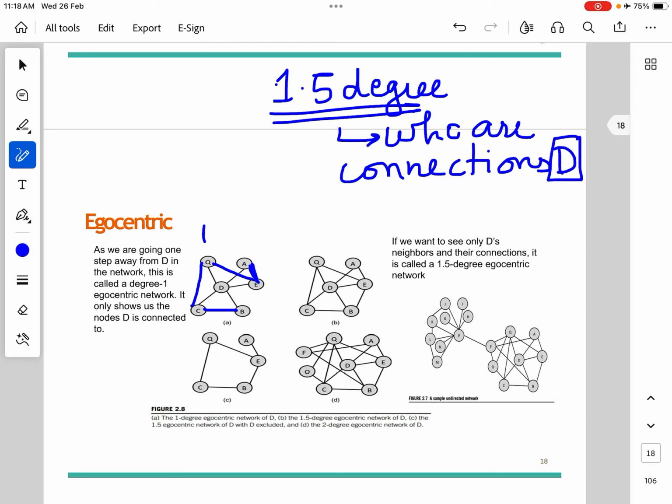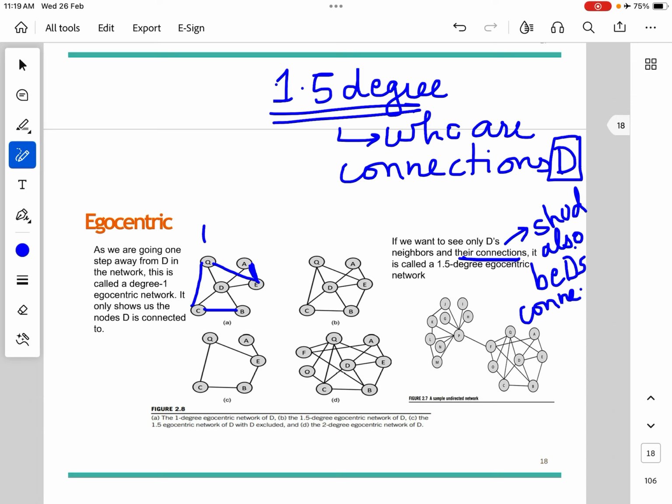We are only going to consider connections of D, and in turn we are considering their connections. But their connections should not be apart from D, and their connections mean only D's neighbors and their connections. These connections should also be D's connections. You can't say that these are not D's connections. Is it okay to take F? No, it is not okay to take F in 1.5 degree because it is not D's connection.